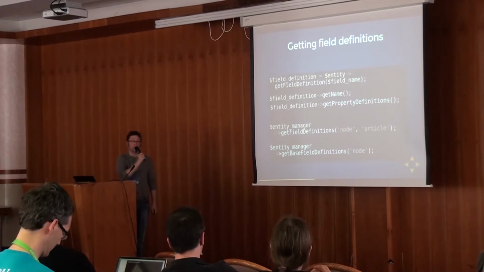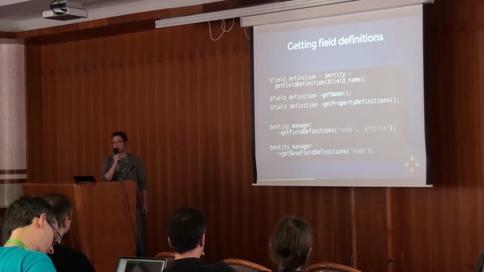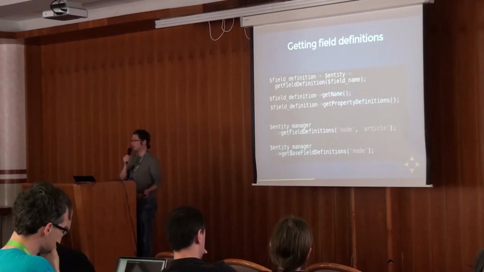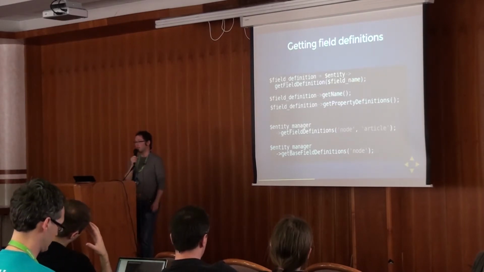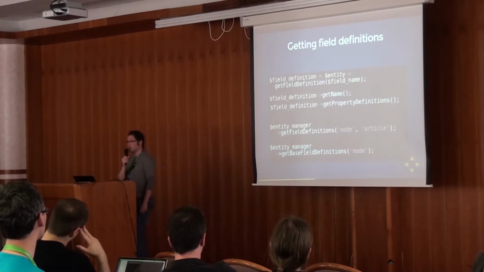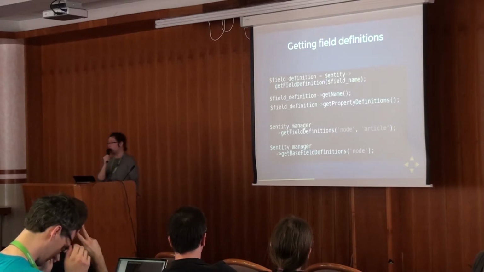And when you don't have an entity object yet, you can use the manager to ask for field definitions: you give it the entity type and the bundle, and you get back all the definitions on that combination. And at the very same time, it's also possible to ask for base fields only.